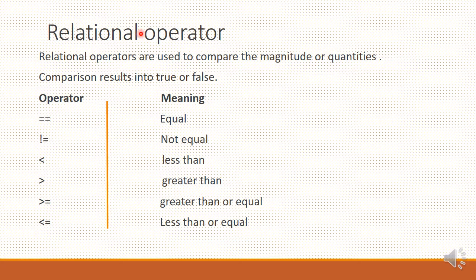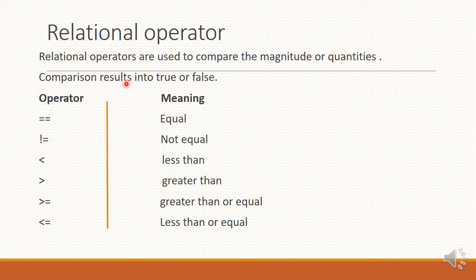What do you mean by relational operator? I want to compare quantities, or I want to compare two quantities. Comparison means I need two quantities. For comparison, we need the relational operator.